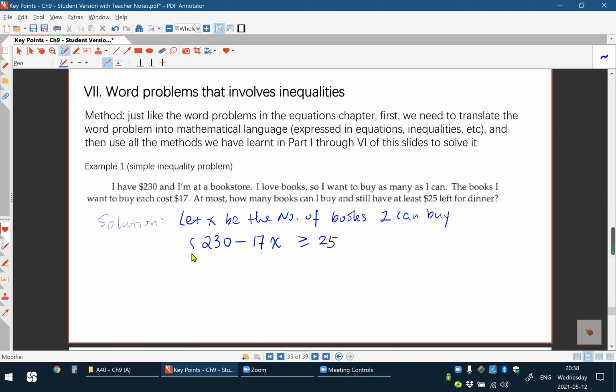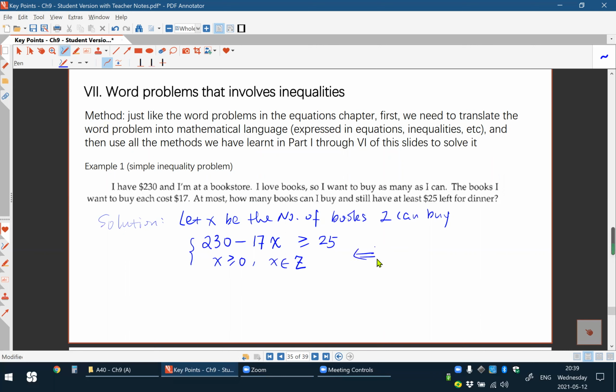And also note that because X is the number of books, right? So X should be a non-negative number, right? And X should be a non-negative integer, actually. So this is our constraint. And we need to find the scope of X, right?